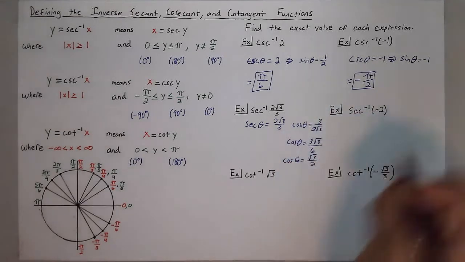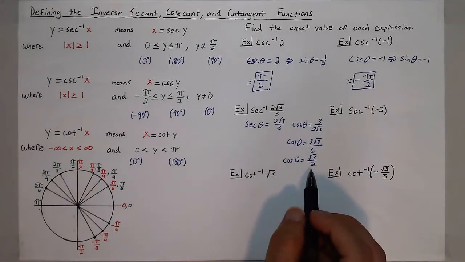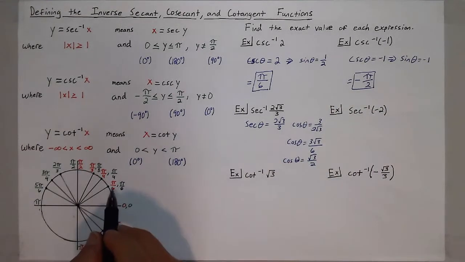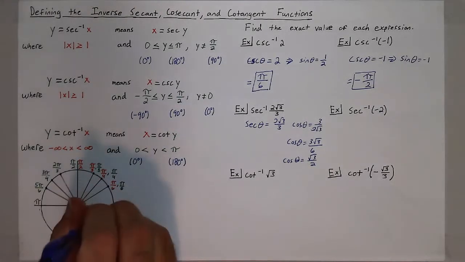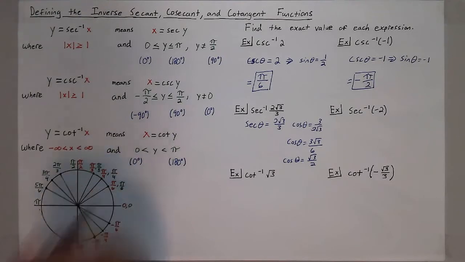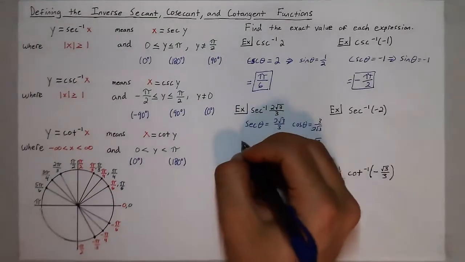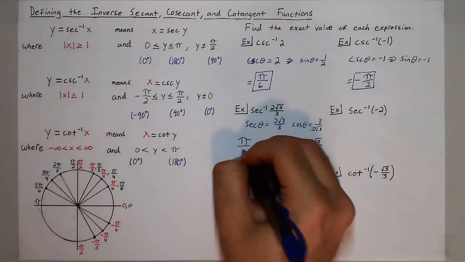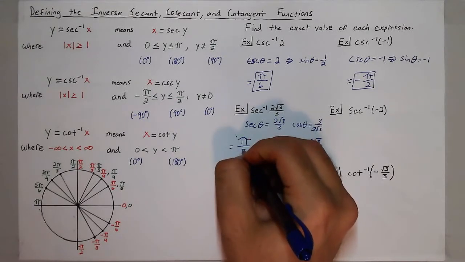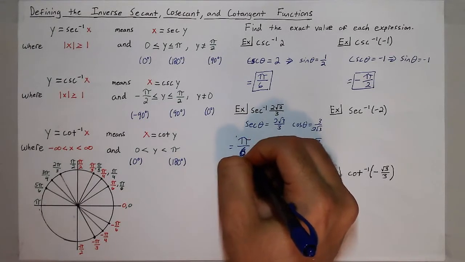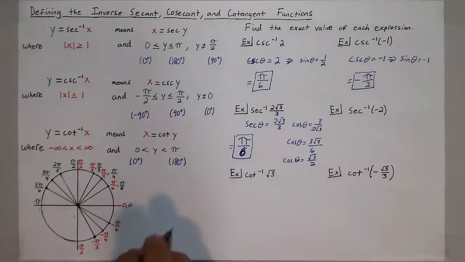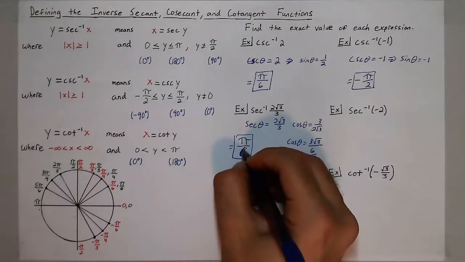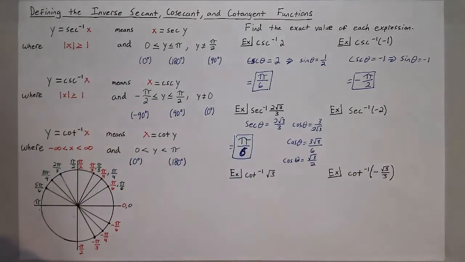So what angle makes cosine of theta equal to the square root of 3 over 2? Well, that would happen at pi/6. And again, I'm picking any angle from 0 to pi this time, and the angle I'm going to pick will be pi/6 to make that happen. That is a 6. I made a little mistake by drawing a 3 by accident.